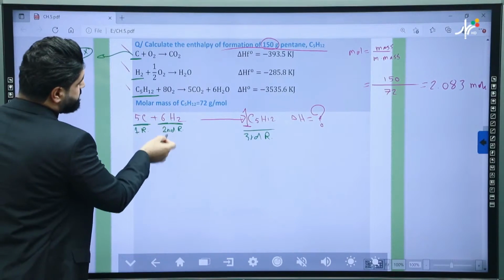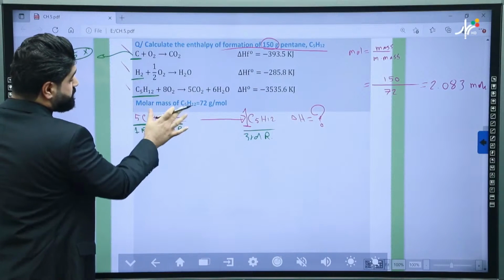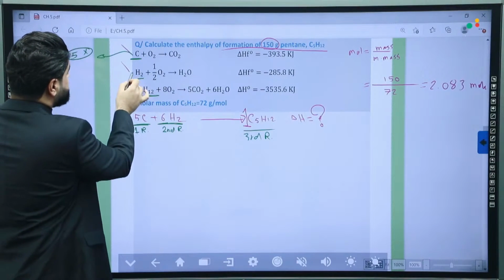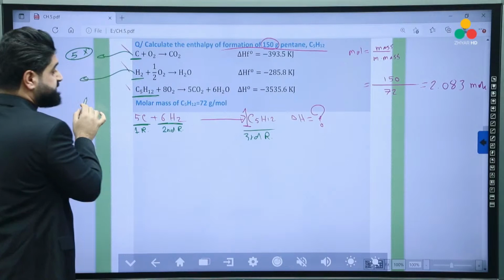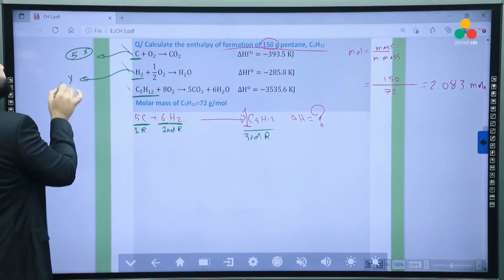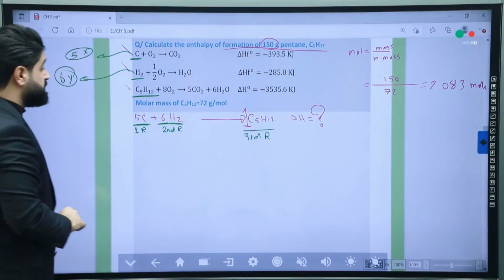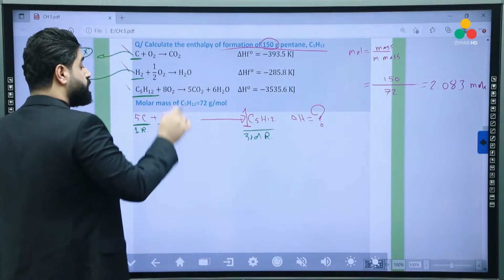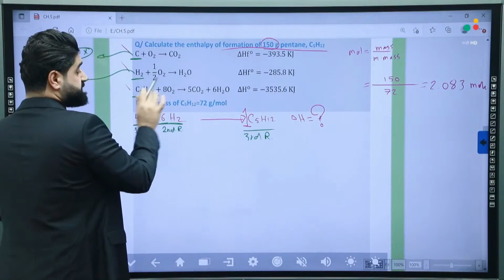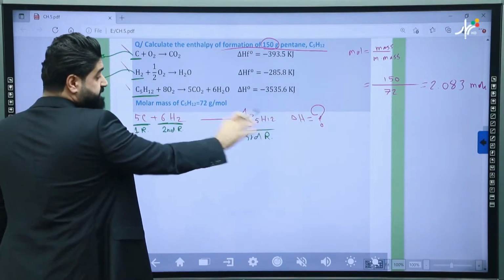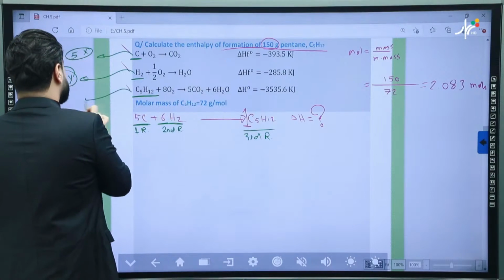Then hydrogen, it's 6, it's 1. Position is okay, but the number of moles is not, so multiply by 6. And then pentane, 1 mole, but it's from products, not reactants, so reverse.